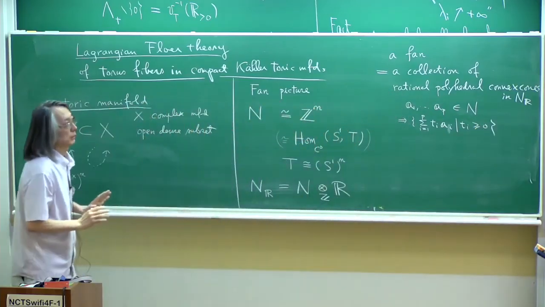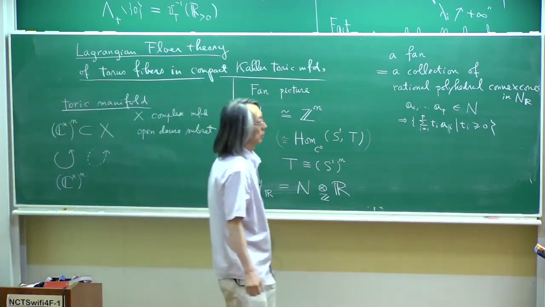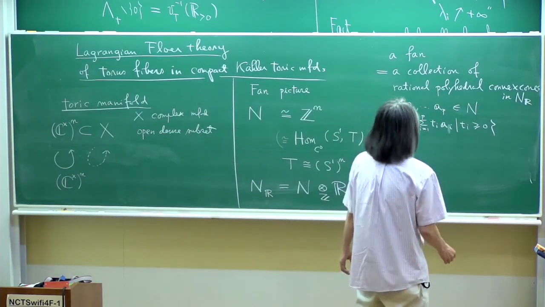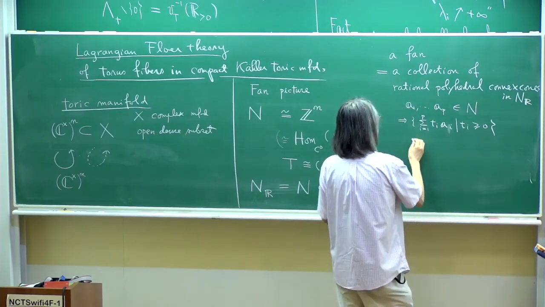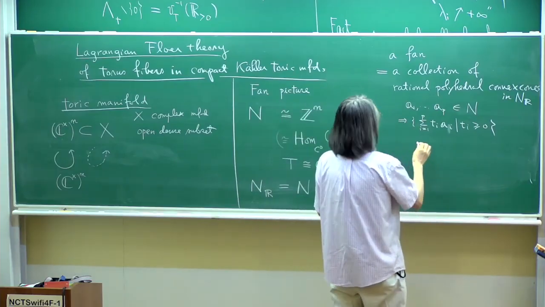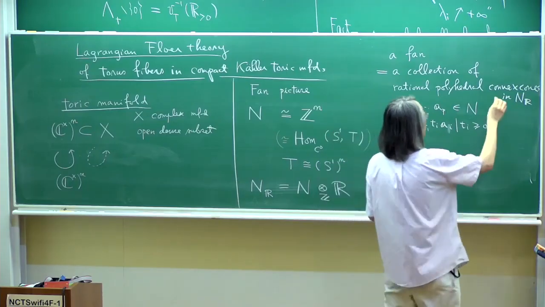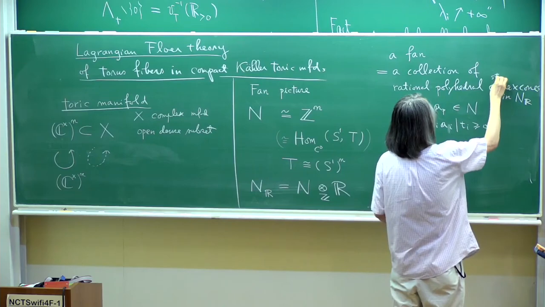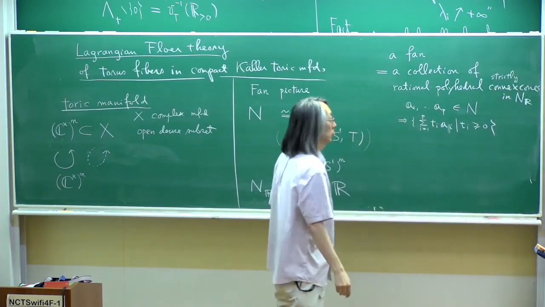And then certainly it is a cone. We assume that it doesn't contain any line, so these are strongly or strictly convex cones.